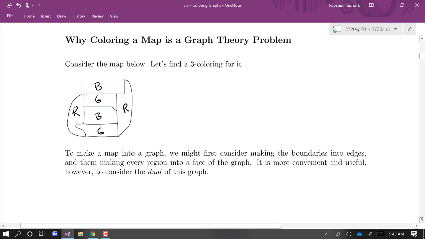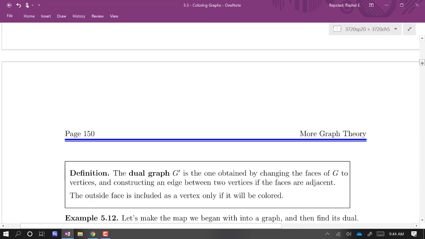Now, in order to make a map into a graph, it might seem like we should make the boundaries into edges and then make every region into a face of the graph, right? Like imagine that we have a vertex here and a vertex here. However, it is more convenient and useful to consider the dual of this graph. And here's what a dual is.